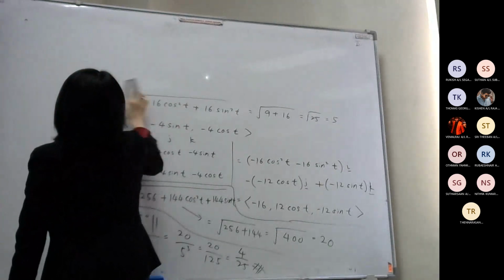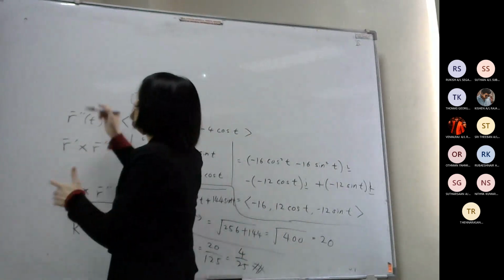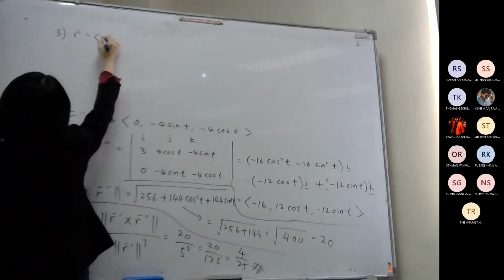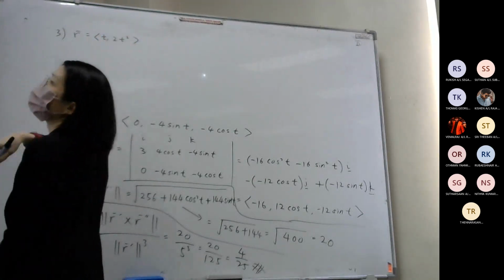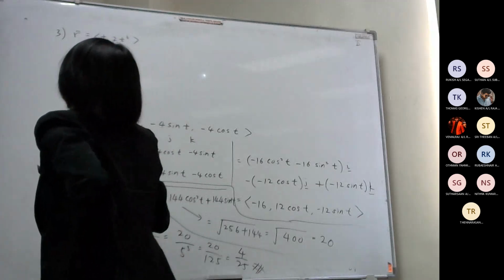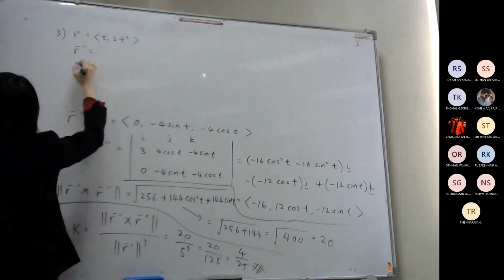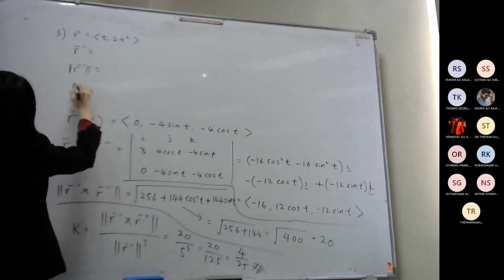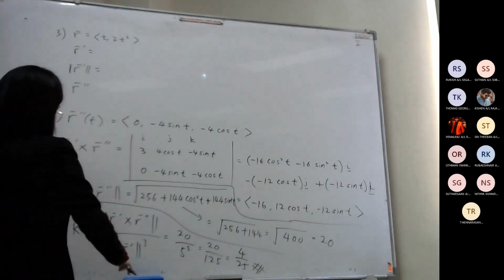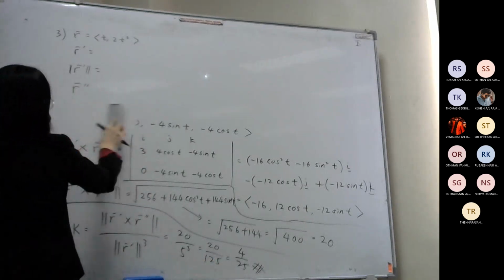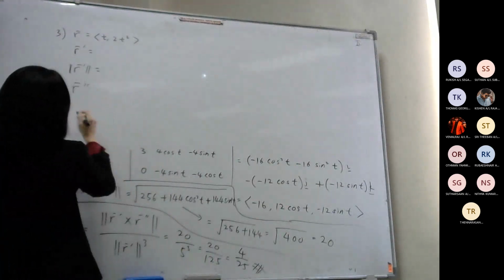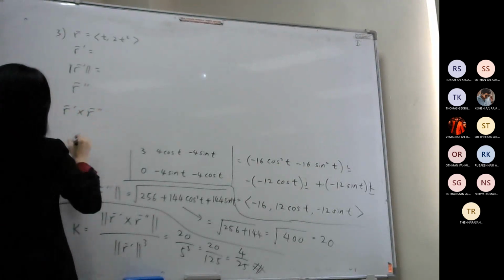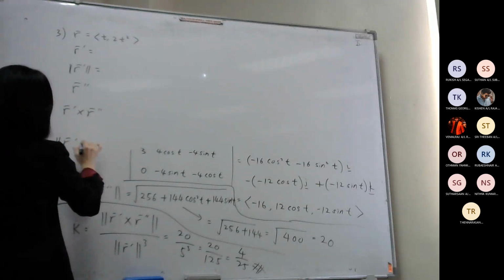Number 3, find the curvature. So we find r prime, the magnitude of r prime, r double prime, the cross product, and the magnitude of the cross product.